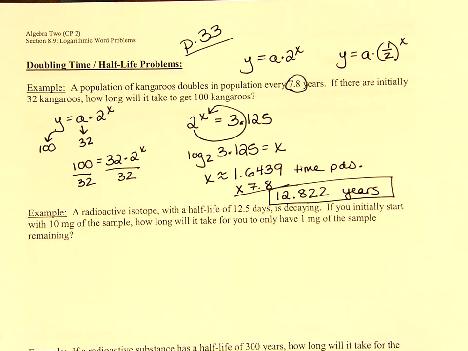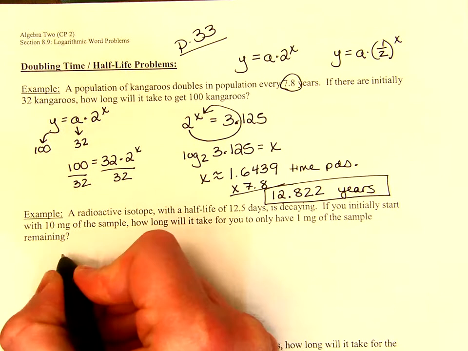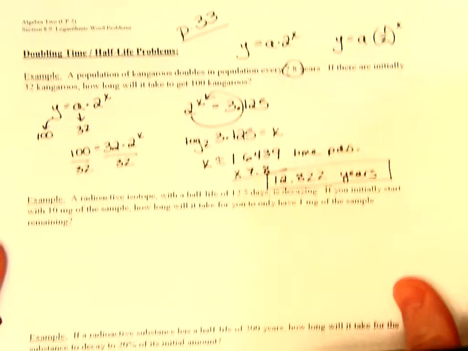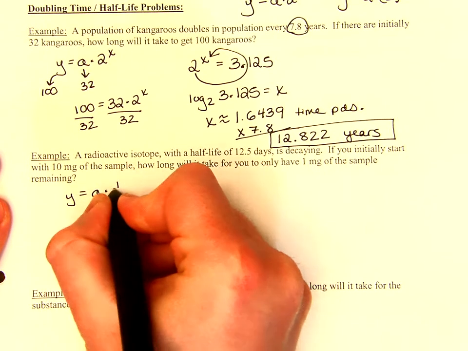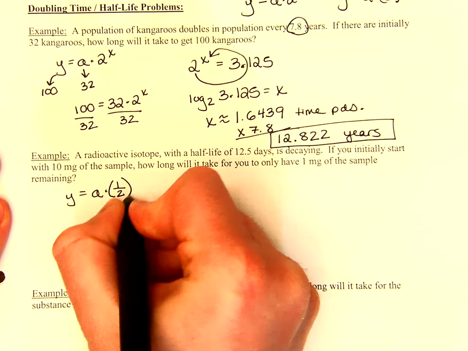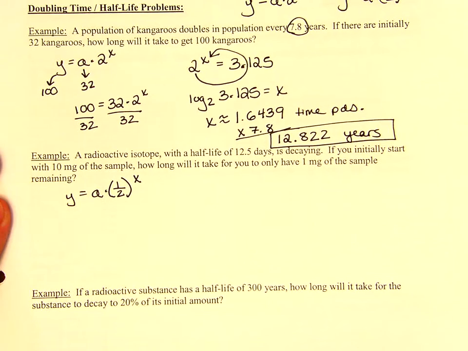Let's take a look at the next example. We're looking at a radioactive isotope with a half-life of 12.5 days, and it's decaying. Initially, we have 10 milligrams of the sample. How long will it take for you to have only 1 milligram of the sample remaining? I'm going to use my half-life formula. y equals a times 1/2 raised to the x.